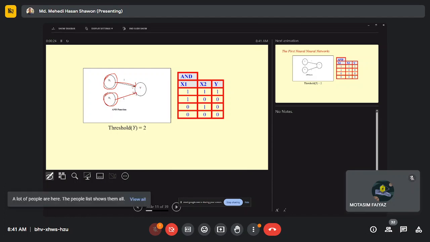So what will be the output? It will depend on what we introduce before sending the information from x1 to y. What are the parameters we need to consider when dealing with neurons? Weights and bias. Very good.